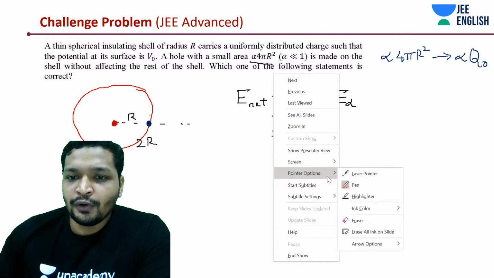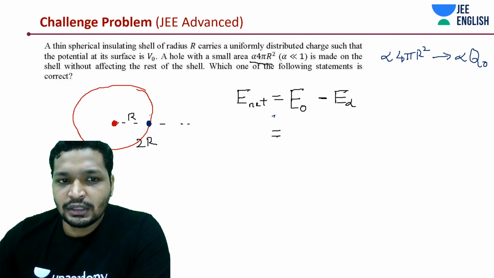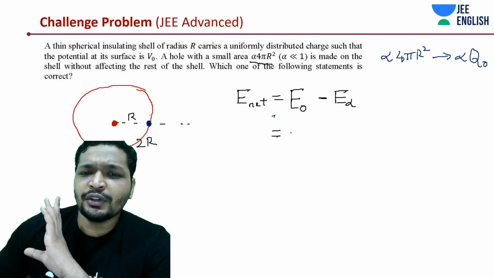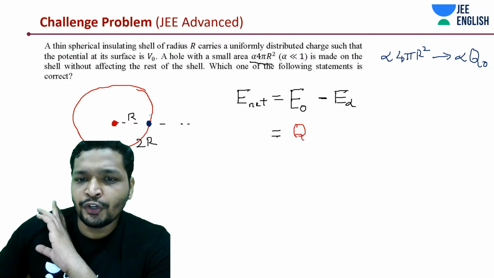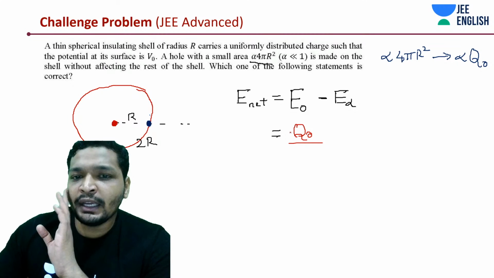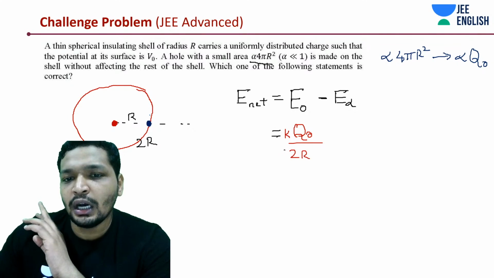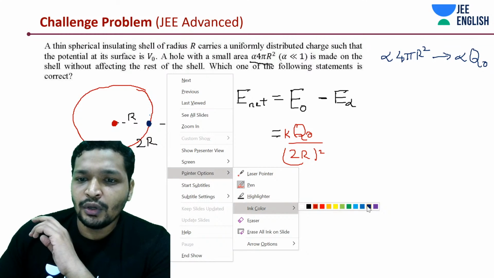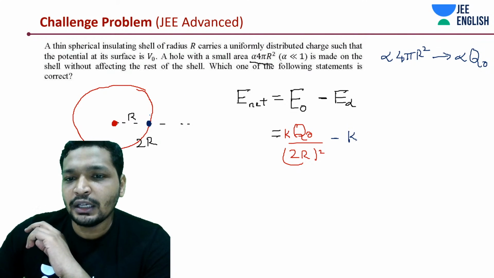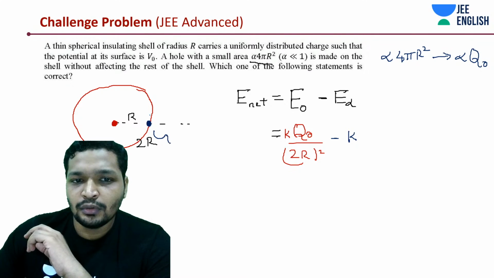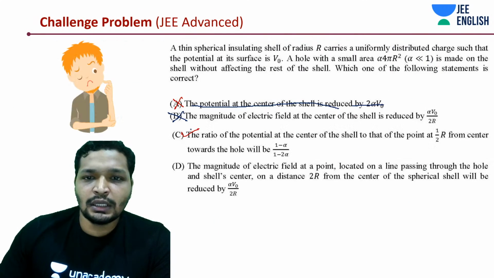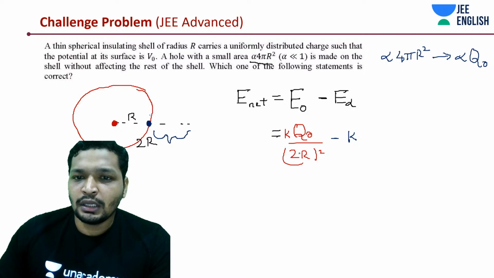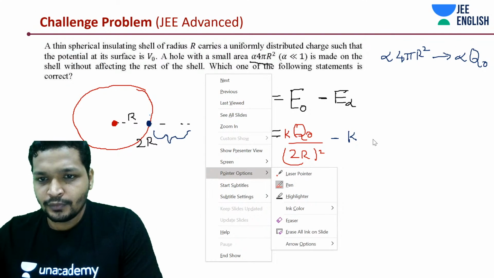So now let's first write down the field due to the whole sphere. Due to the whole sphere, it's going to be k into Q naught divided by 2R square, and due to that alpha, it's going to be k into Q alpha.